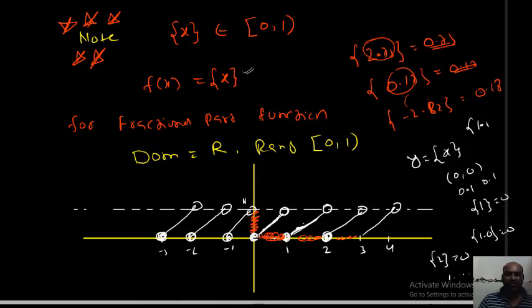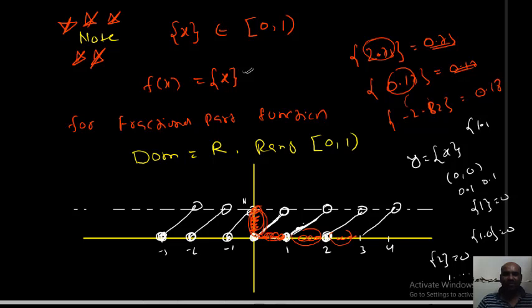Observe, when x is taken from 0 to 1, your y values are this. When x is taken from 1 to 2, your y values are this. From 2 to 3, the same. Means for an x interval of length 1, the y values occur repeatedly, periodically. That's why the fractional part of x is a periodic function with period 1.